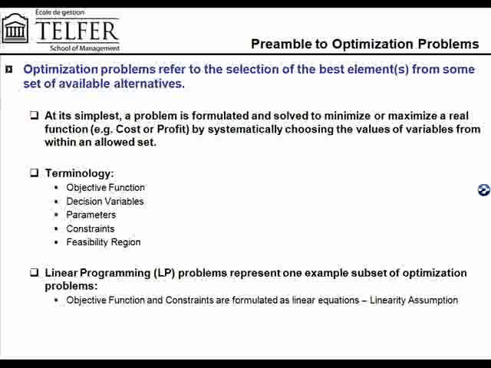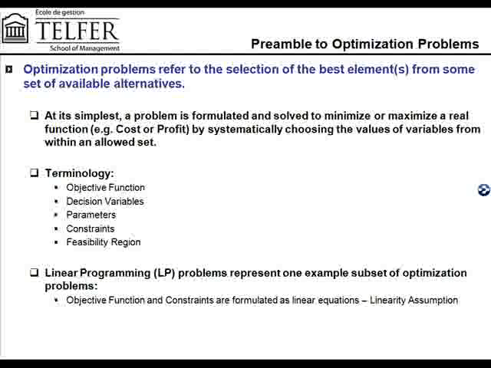So decision variables could be things like the number of units you produce per time period, or it could be the number of units that you're shipping along specific routes if we're talking about a transportation problem. So decision variables are what in Solver you refer to as changing cells. So these are the cells in your spreadsheet that you are going to play around with, and you're going to change the values for these decision variables to see what type of optimum solution you're getting in order to optimize that value.